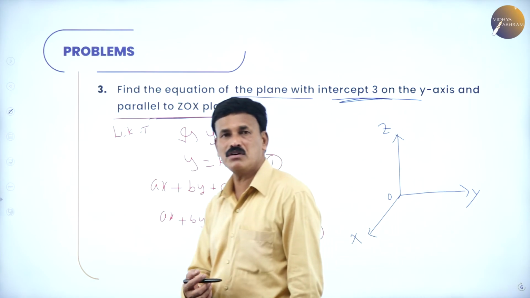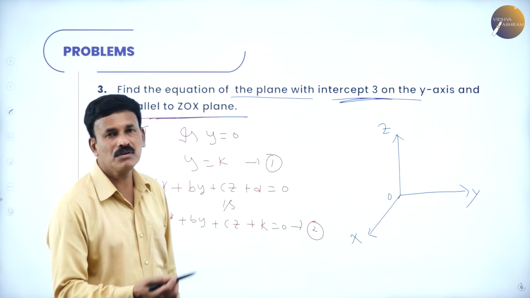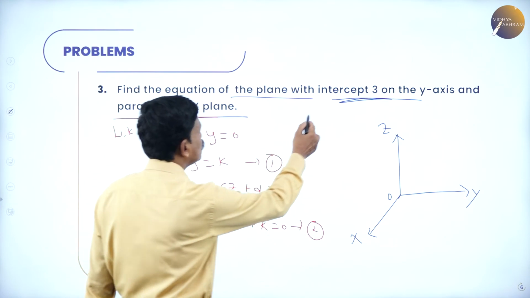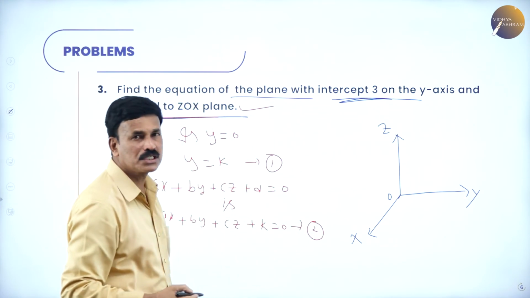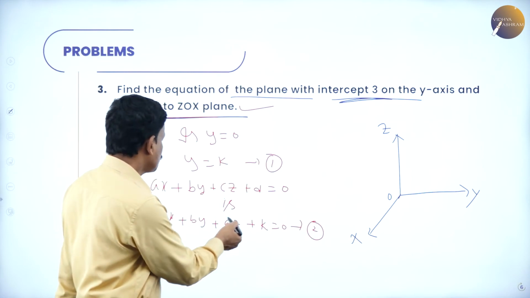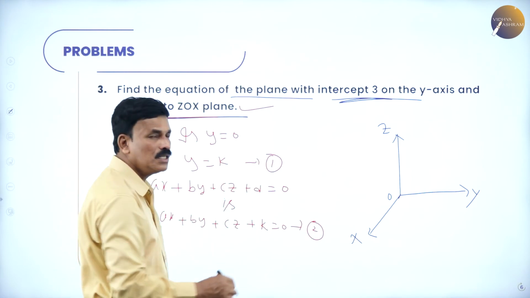Just find out the value of k and substitute here. You will get the equation of the plane with intercept 3 on the y-axis and parallel to the ZOX plane. You will get the answer.